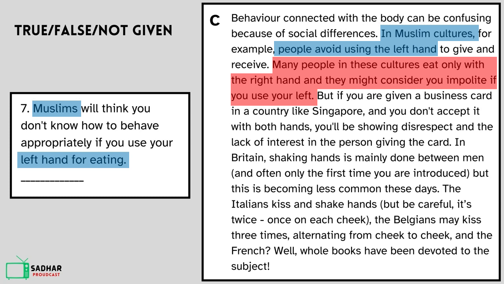That's why we go with the next sentence. Many people in these cultures eat only with the right hand, and they might consider you impolite if you use your left. And in this case, it's exactly the same as in the question. So they might consider you impolite. So that's why the answer is true.